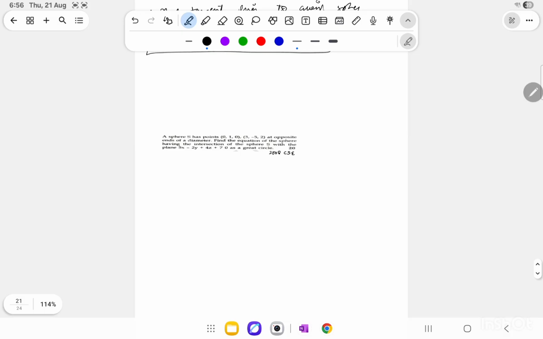So the next question is, the sphere S has these two points as opposite ends of a diameter. So if this is my sphere and A and B are the opposite ends of the diameter, using this I can find the equation of the sphere. Further, it says to find the equation of the sphere having the intersection of sphere S with this plane as a great circle.